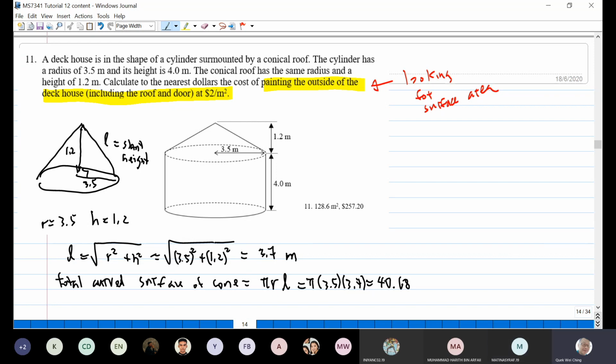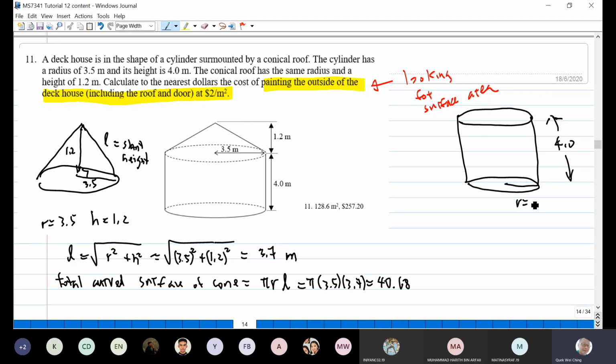Okay, then there's a cylinder. The height is 4, and the radius is 3.5 again. So I want to find the curved surface area, right? Just like just now, I said the curved surface area is like a fan.